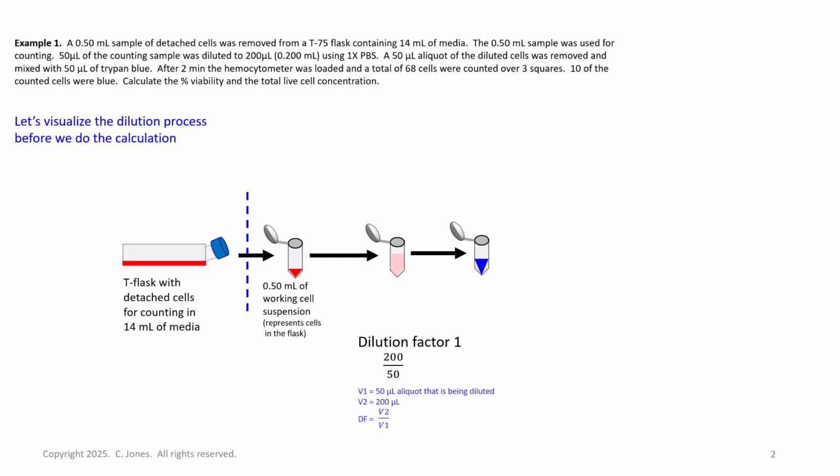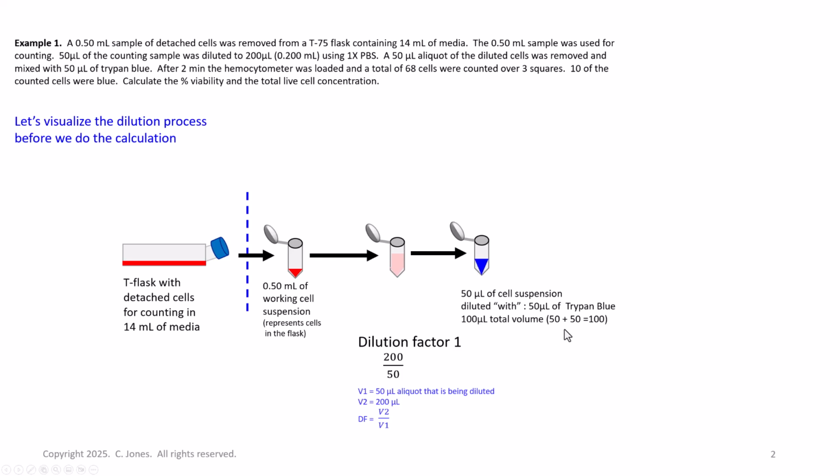So gentle mixing, we could do this by slow trituration, drawing up and down in a pipette tip, or by just gently tapping the side of the microcentrifuge tube with your fingers, right? But again, the key here is not to generate a lot of shear force to make sure we don't accidentally kill the cells.